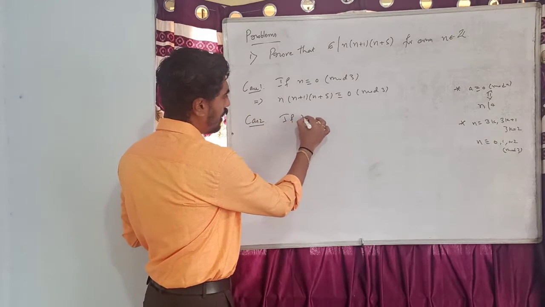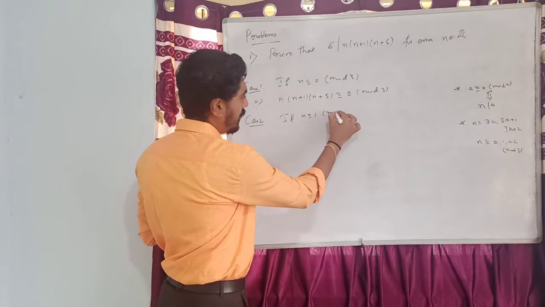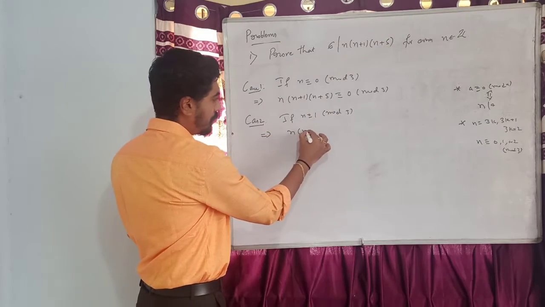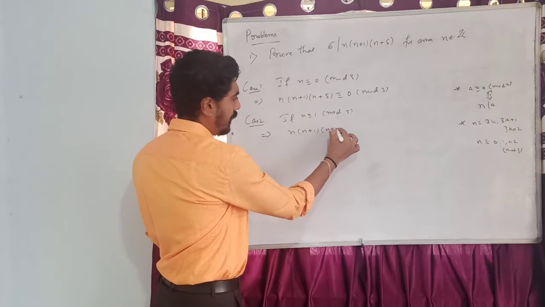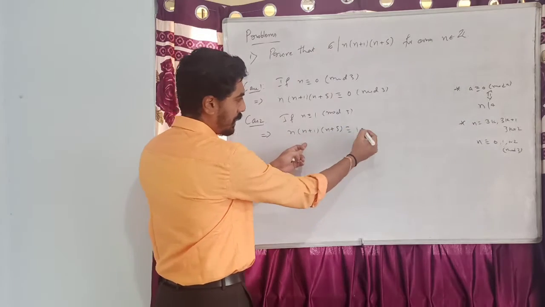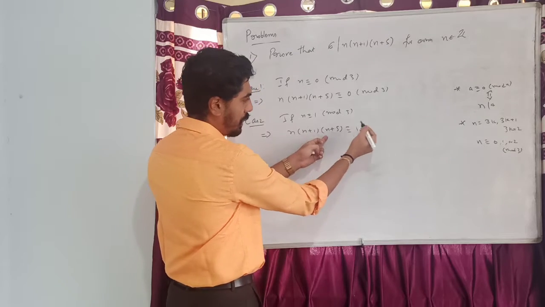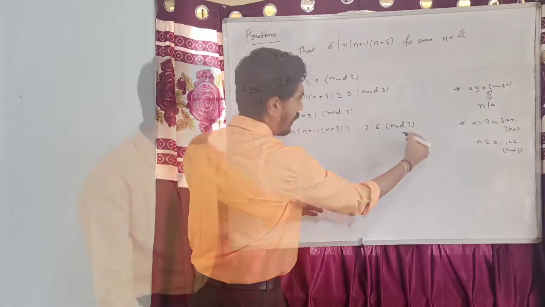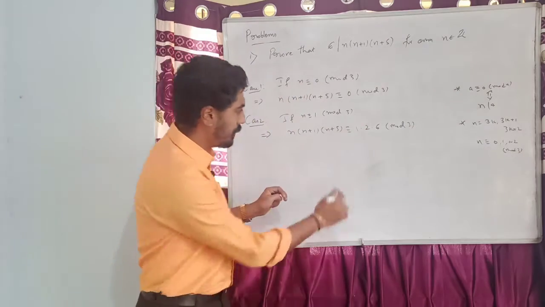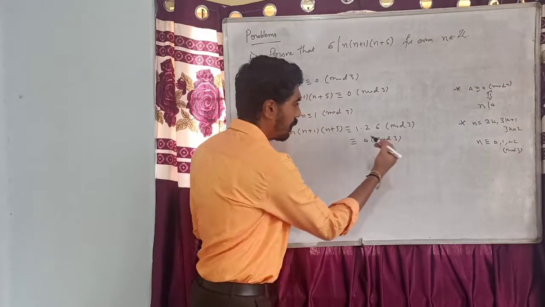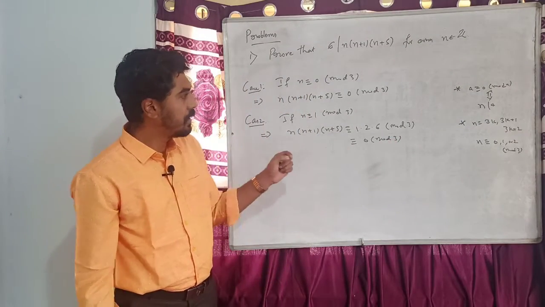if n is congruent to 1 modulo 3, in this case n(n+1)(n+5) is congruent to 1 into (1+1) is 2 into (1+5) is 6 modulo 3. Since 6 is a multiple of 3, this is congruent to 0 modulo 3. Okay. Now consider the final case.